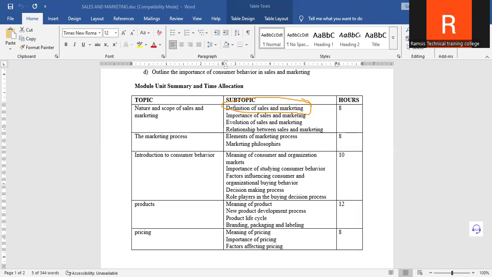You can also market ideas. For example, currently you encounter many social marketers with ideas like don't drink and drive. And then you have experiences, like a trip to Mount Kilimanjaro or Lake Turkana.